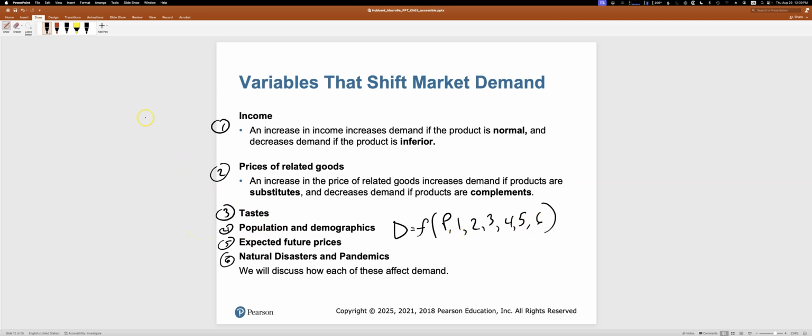When we were under ceteris paribus, we just held those other variables constant. Now we're saying if they change, then it shifts the curve. So in essence, what we're saying is when these change, then the curve shifts.